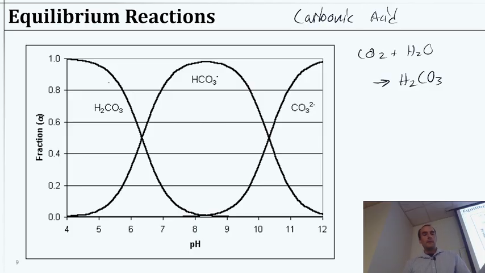So what happens is we can see that at any given point, let's say we set the pH somewhere, our equilibrium between these species will be dictated, and we can see there's some portion.